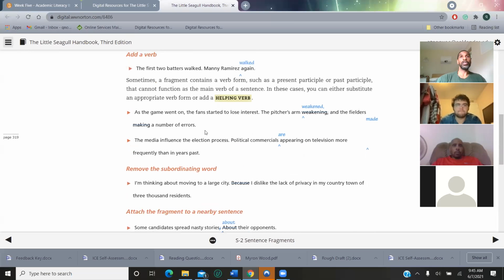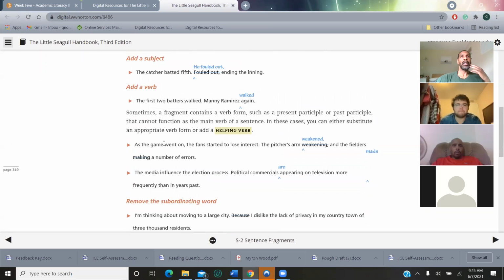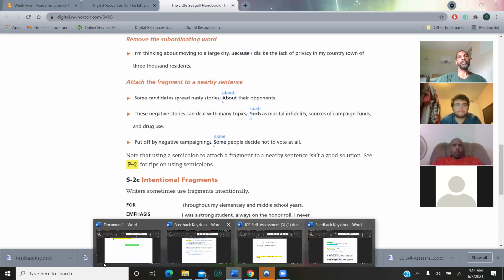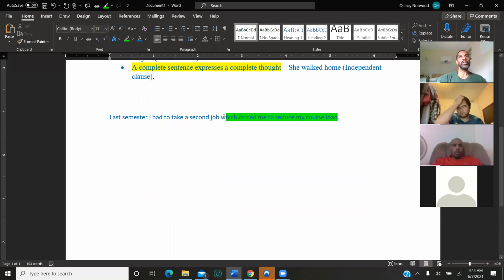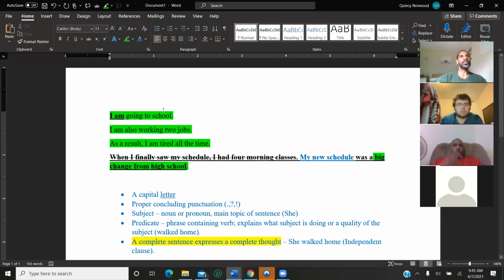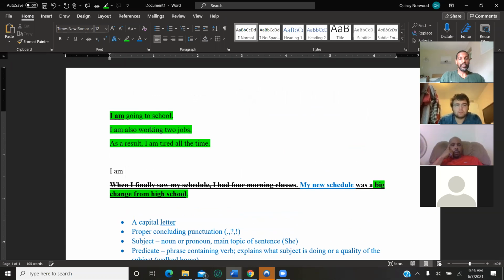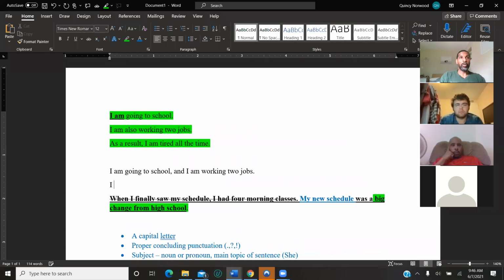It's the same as what we just did. Sometimes a good way to fix a fragment is to join. Or you can condense it even more.